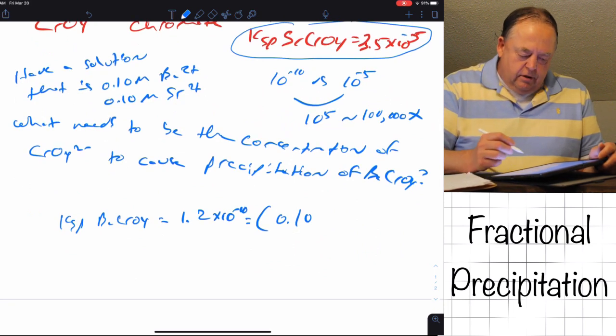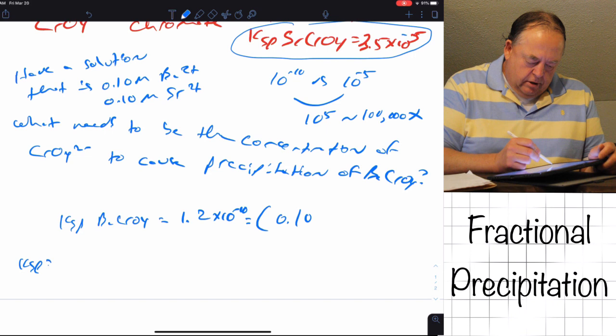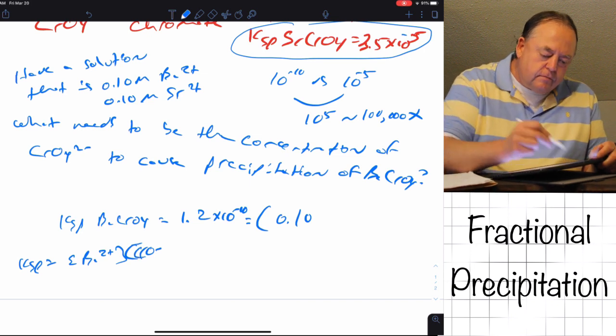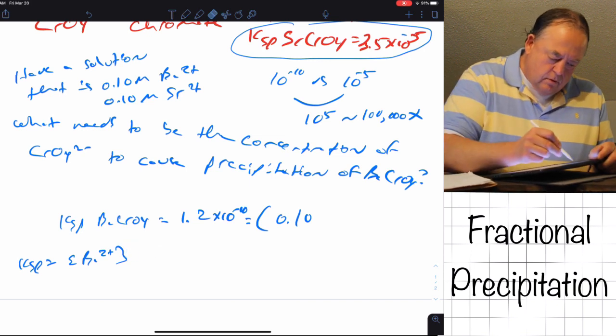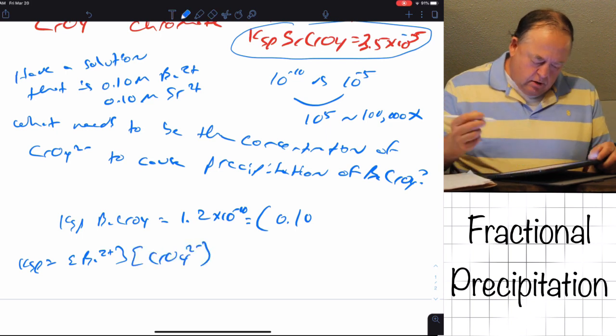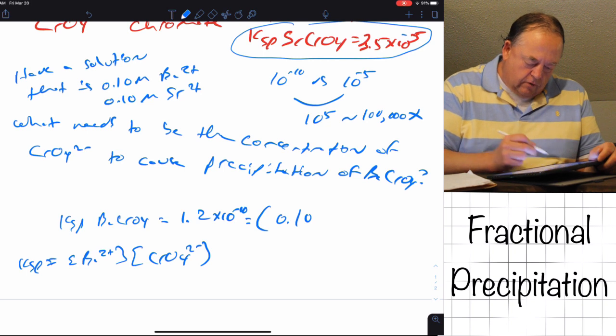So we just set up KSP equals concentration of barium times concentration of chromate.